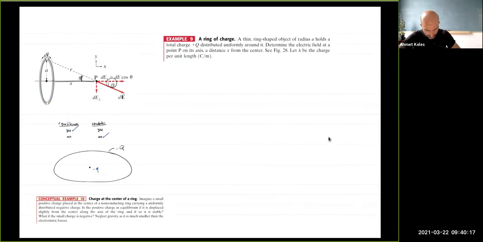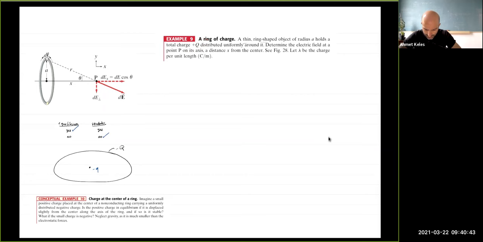Maybe we can start with an example of this electric field calculation of a continuous distribution. So this is the example from your book. Suppose this is a ring of charge. A thin ring-shaped object of radius A holds a total charge plus Q distributed uniformly around it.